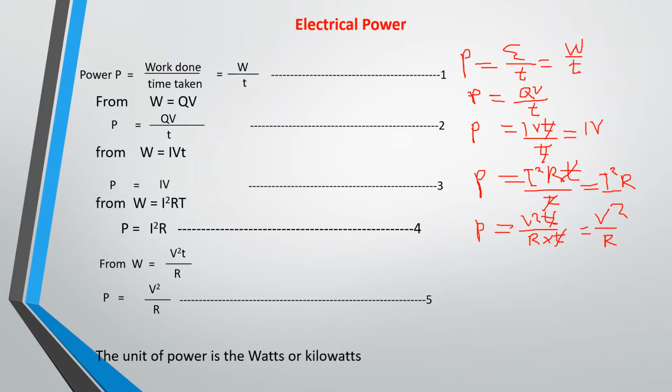From this particular equation, we have that work done is equal to power times time, or that energy is equal to power times time. So all these equations that are given to you are very key. All of them are what I have here already. I just did this for you to understand how all these came about.